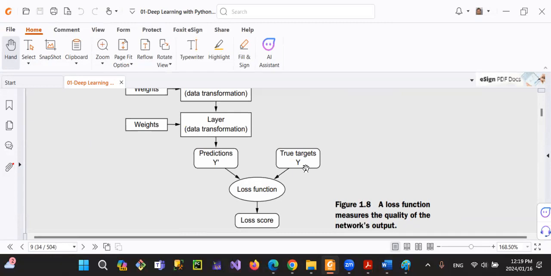The distance between these two is calculated by using the loss function, objective function, or cost function, which provides for us a number, which we call the loss score. Again, the loss score is the average for the whole set, or for just one, or for a batch.